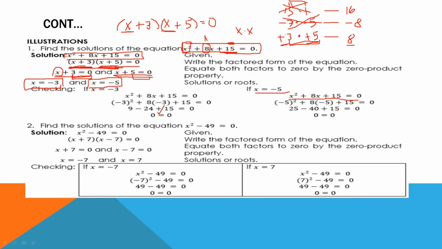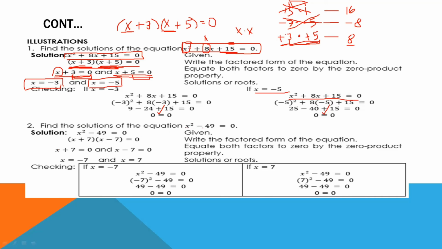And then, plus 15 natin is equal to 0. Then, when we simplify, 25 minus 40 plus 15 is equal to 0, 0 siya. So, therefore, equal siya dahil 0 is equal to 0. So, ganun lang po yung sa pagpa-factoring and sa ating pag-check. So, let's move to the second example to find the solution of the equation.